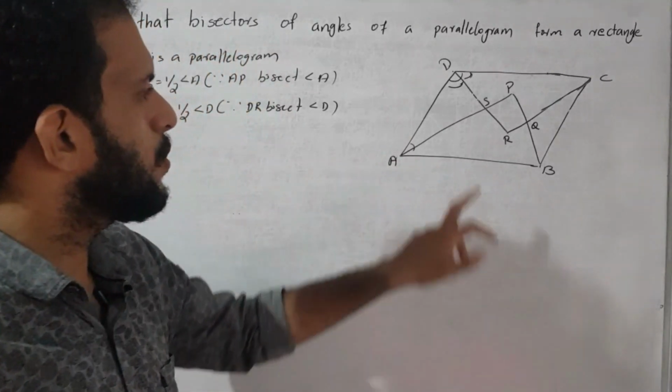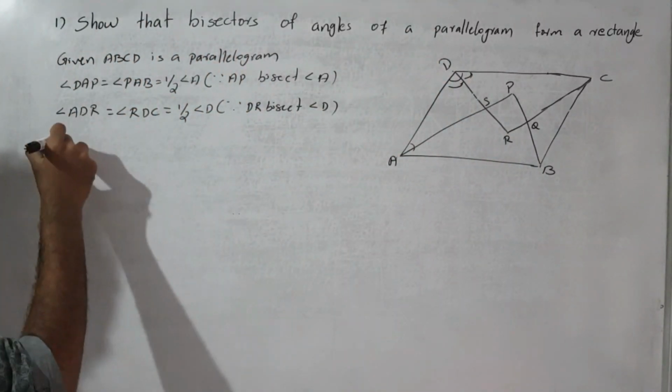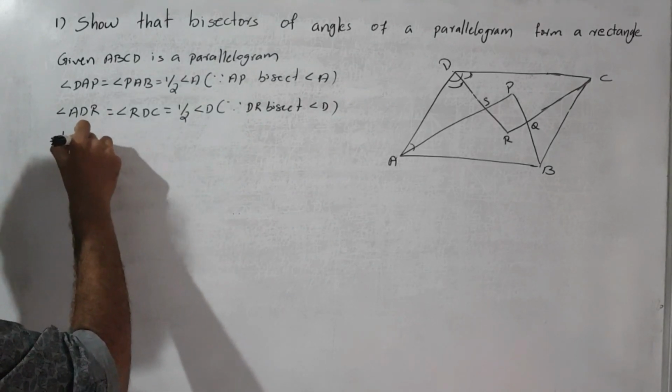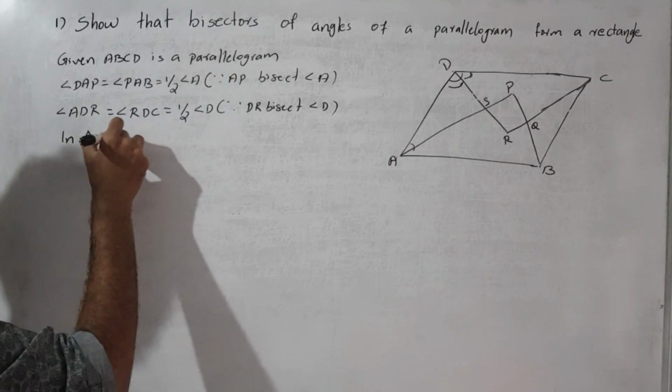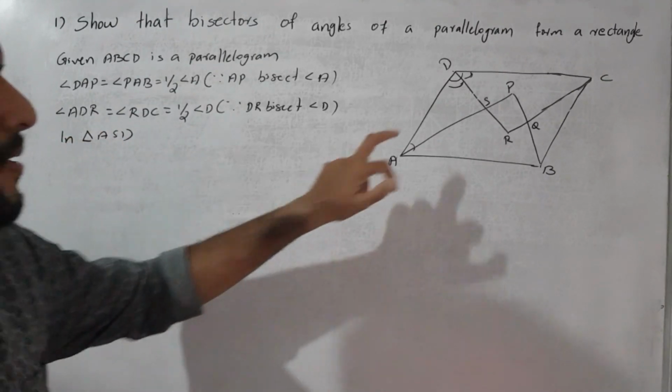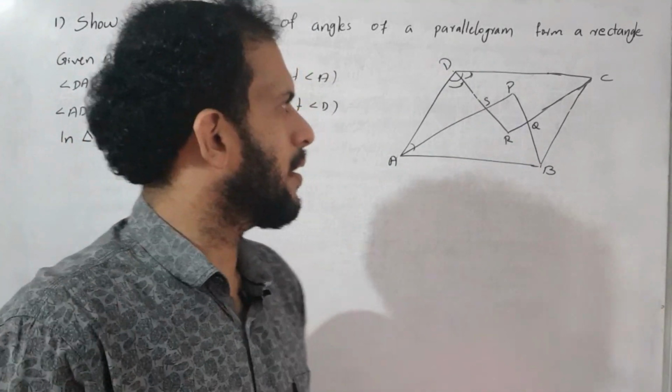Next we choose the triangle ASD. In triangle ASD we know the sum of the angles of this triangle is equal to 180 degrees. Then what are they?